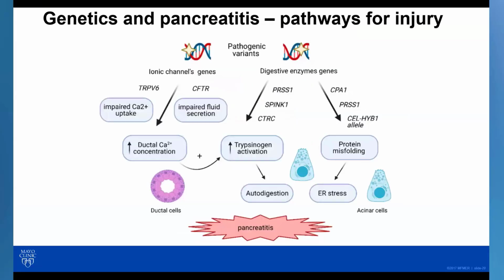If I take it further into how the other ones would affect the pancreas and cause pancreatitis, take as an example TRPV6 or CFTR. These are not going to affect the trypsin production, but what they do is they would stagnate flow within the ducts, and that's what I mean by a ductal pathway.